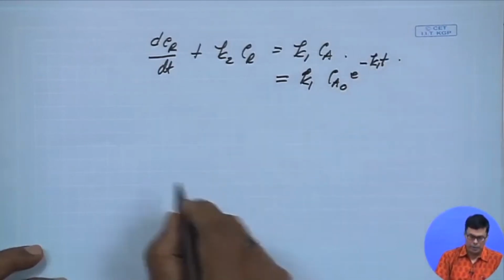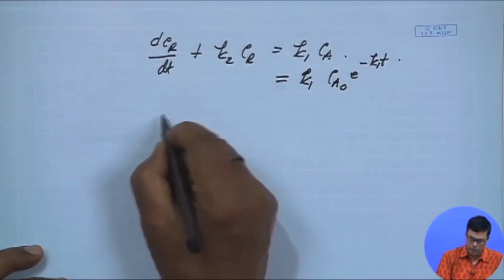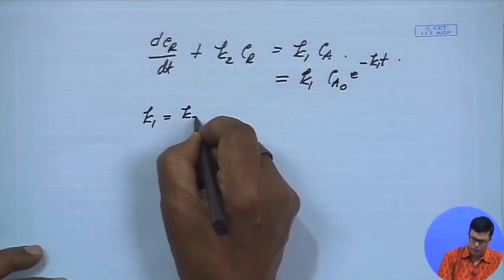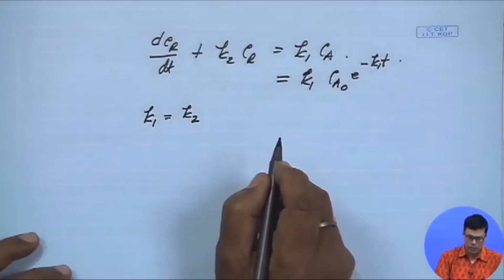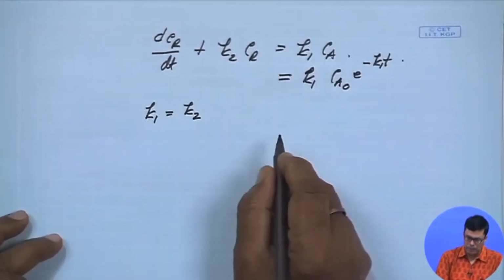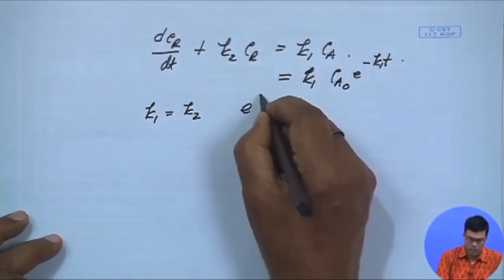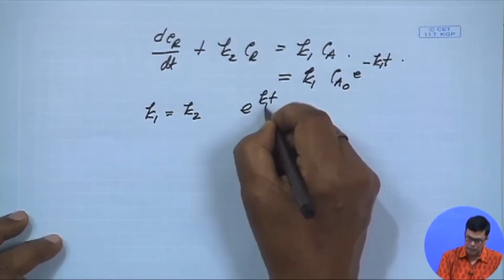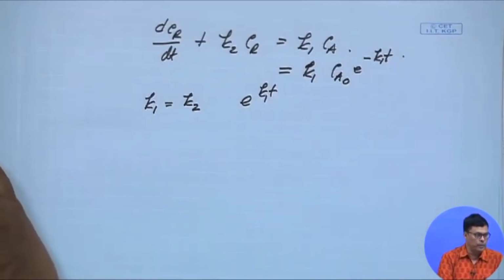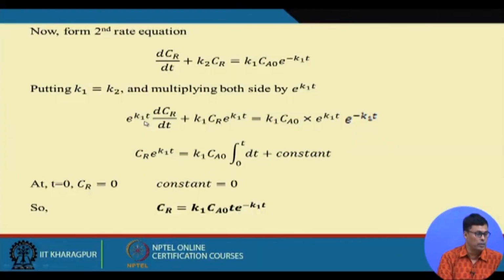Okay. Now here K1 equals K2, so we multiply both sides by e to the power K1t. If we multiply by this, we will get this equation: e to the power K1t into dCr by dt, plus K1 into Cr e to the power K1t, and so on.